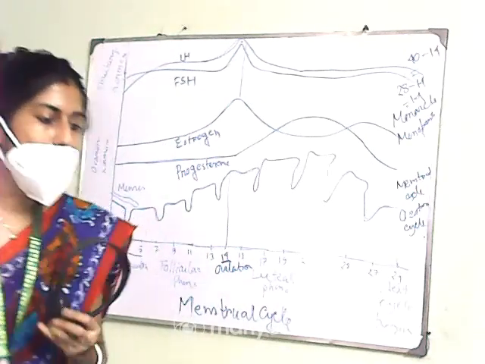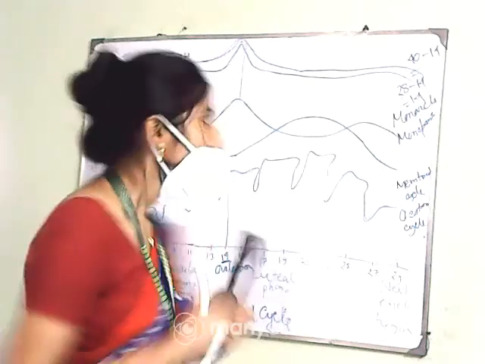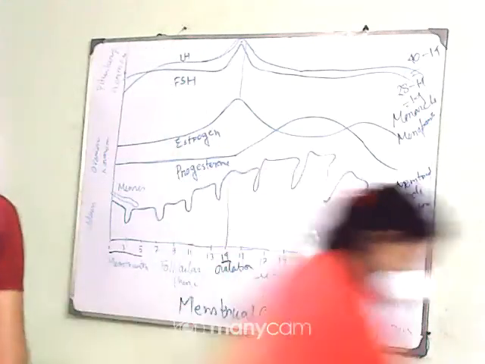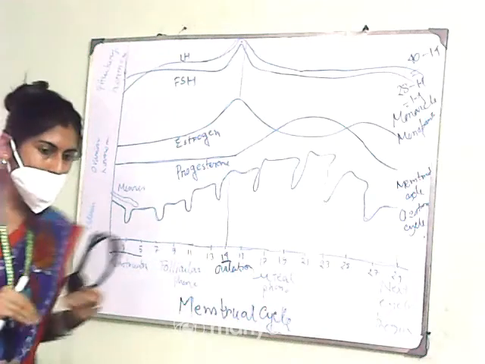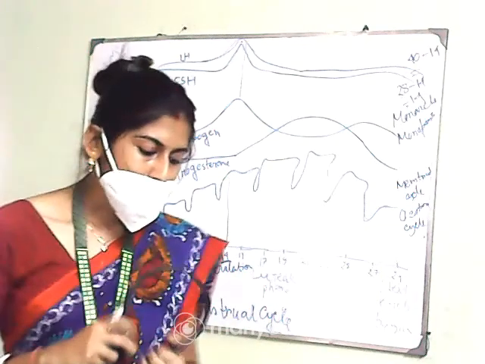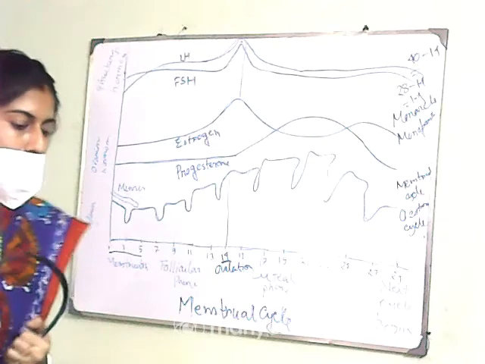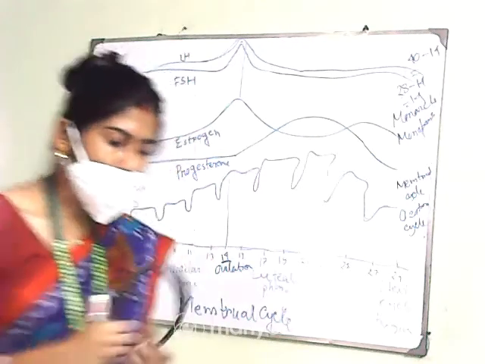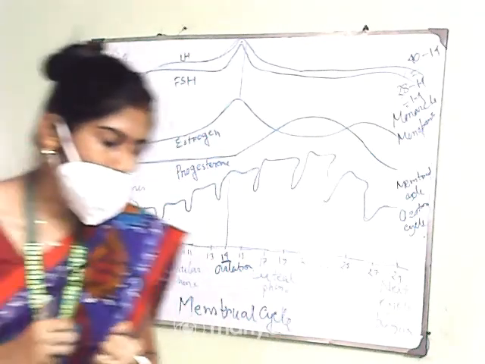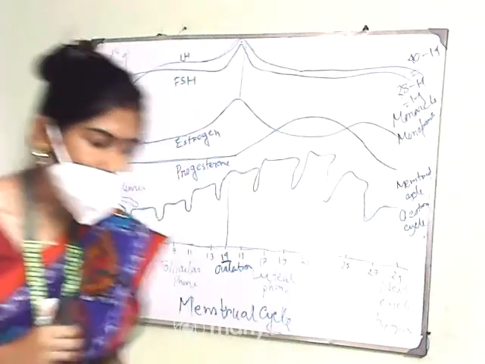As you can remember, in the follicular phase the development of the different follicles will take place, right? So it will stimulate the development of the different follicles as well as secretion of the estrogens by the growing follicles.